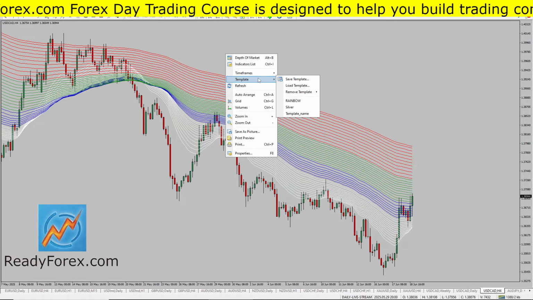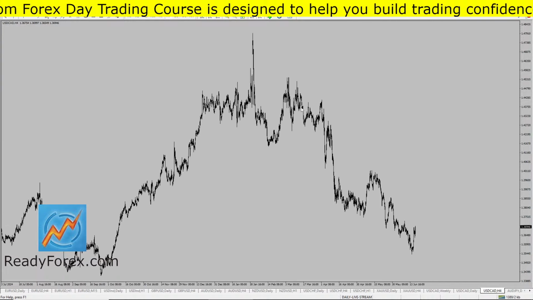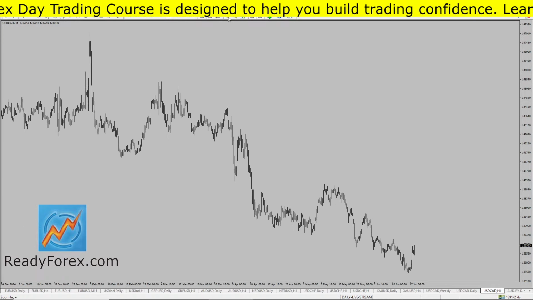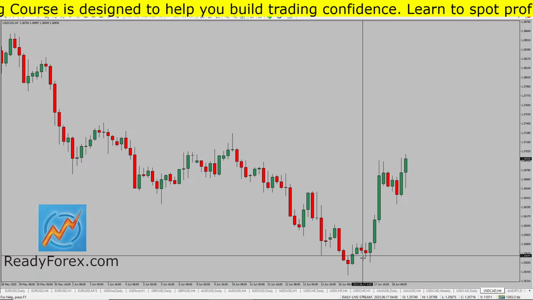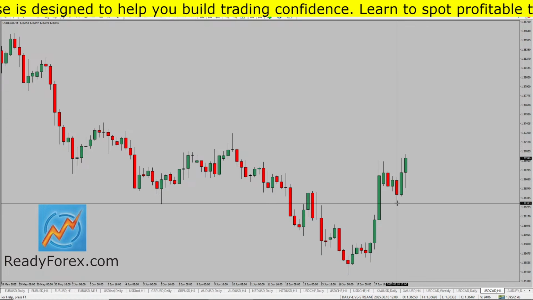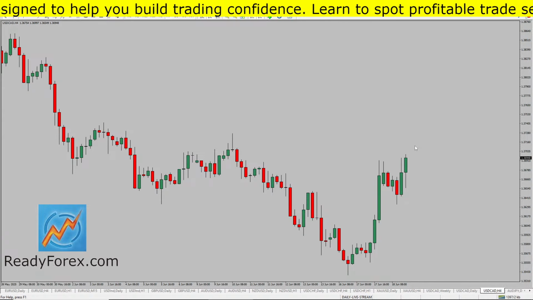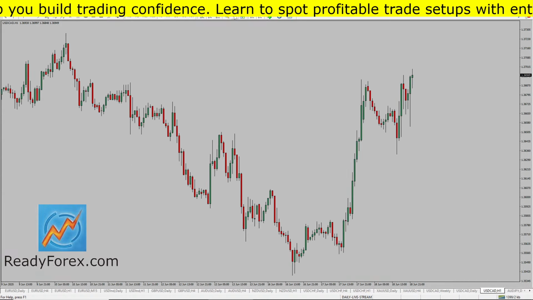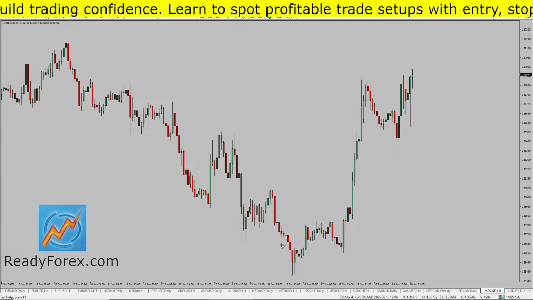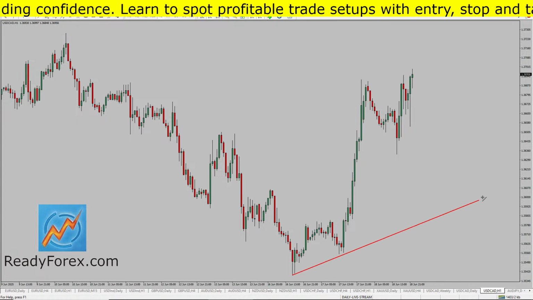Okay, let me remove the rainbow. Now inside a 4-hour time frame, I can easily see we got this possible 1, 2, 3, 4, and possible wave 5 to the upside over here. So let's draw a trend channel.